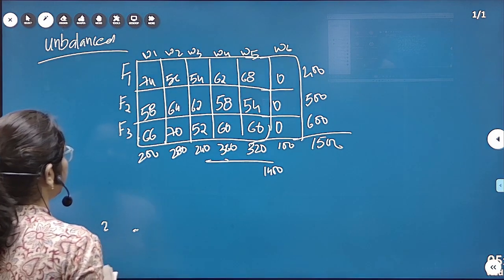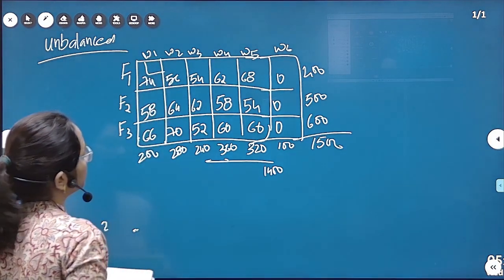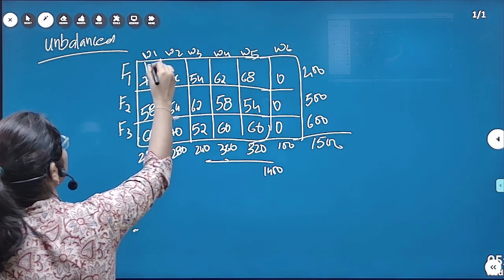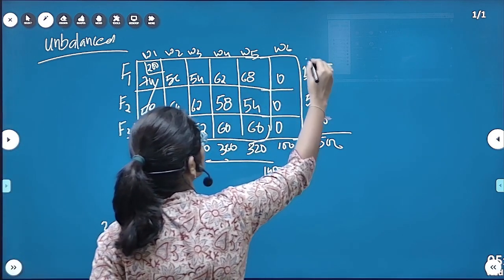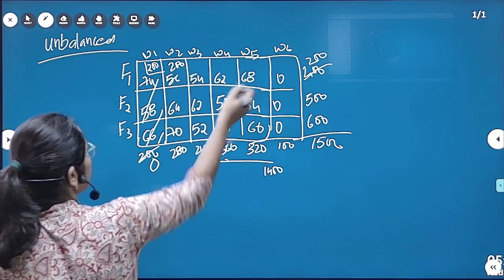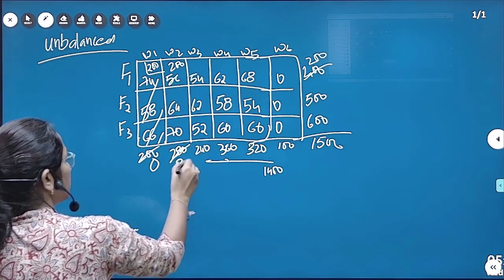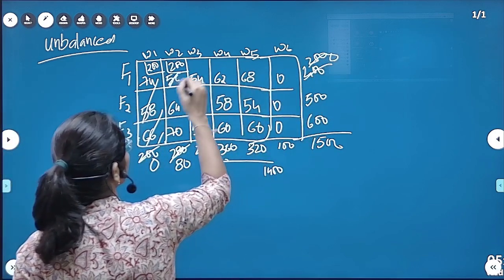So now tell me, from where does the question start? Here. How many units? 200. So 0. Still 200 units are there. We can take these 200 units here because it has 280. So the remaining units are 80.